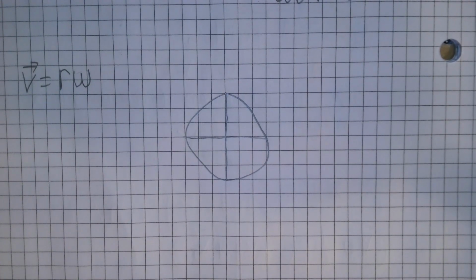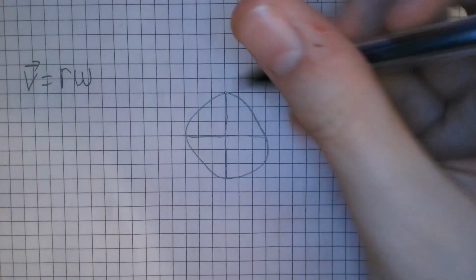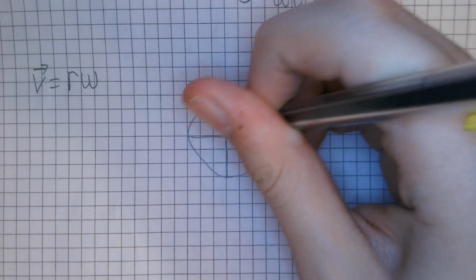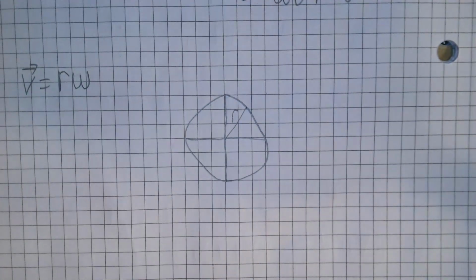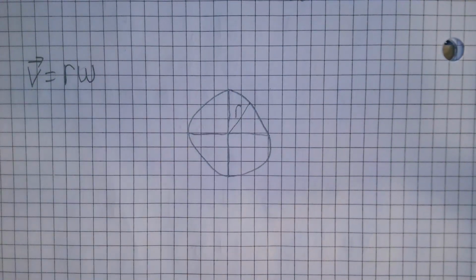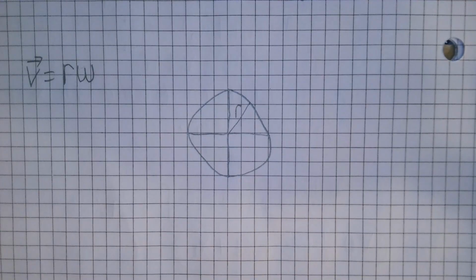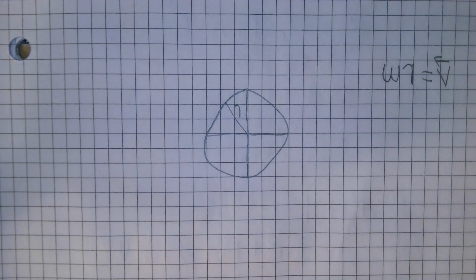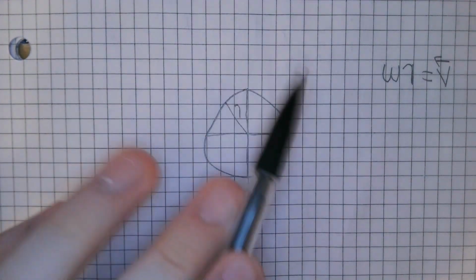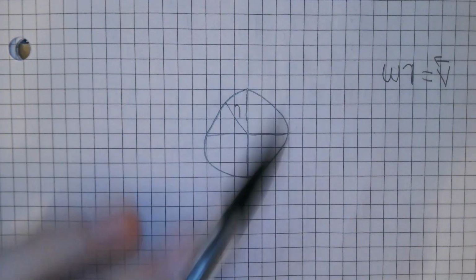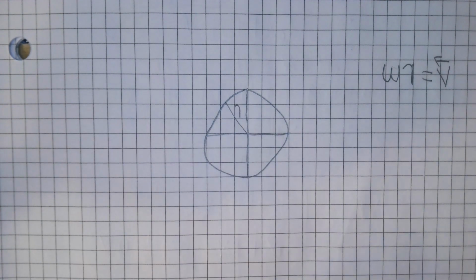Okay, so the circle has the radius of r. And that's what r is here. It's the radius of our circle that we're making. What I want you to think about whenever you hear uniform circular motion is just a particle going around and around this circle. Okay?